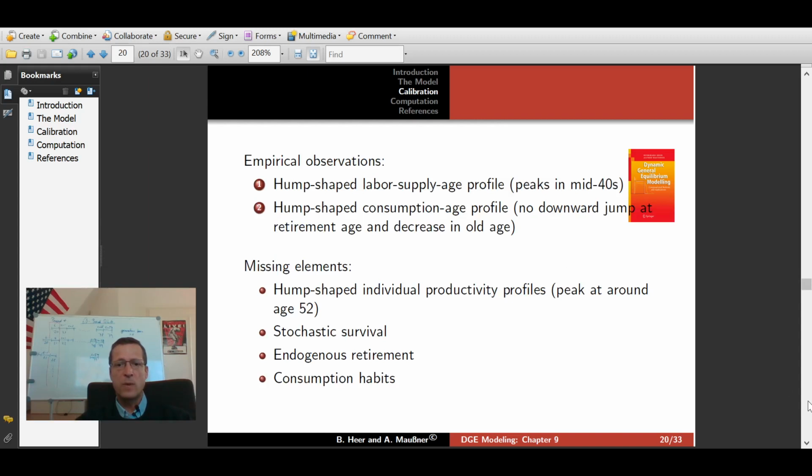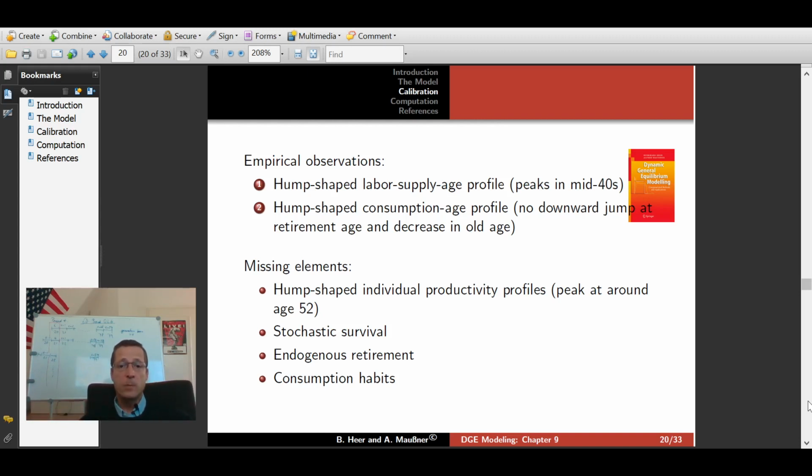So let me summarize how we get our Auerbach-Kotlikoff model in better accordance with our empirical observations: the hump-shaped labor supply age profile and the hump-shaped consumption age profile without a downward jump at retirement age, and a decrease of consumption in old age.